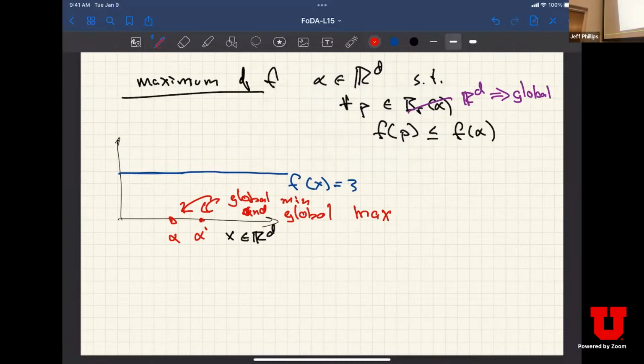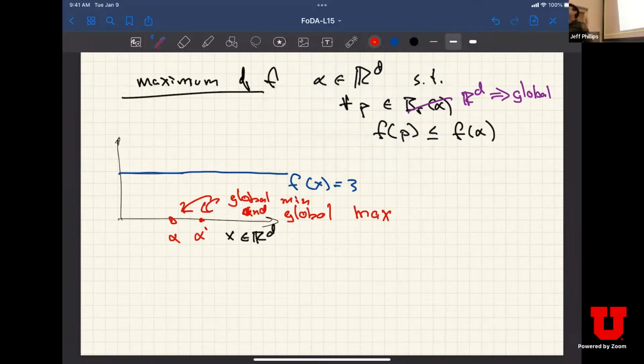Any value of alpha along here is going to be the global min or the global max. This is somehow not very helpful in this situation, right? Saying the global min or max is not giving me a lot of information, because all the function values are the same.